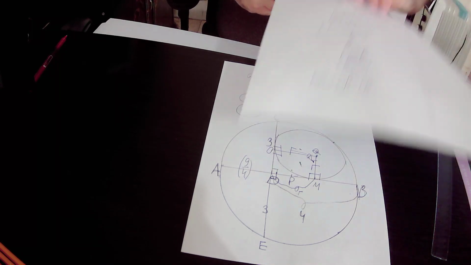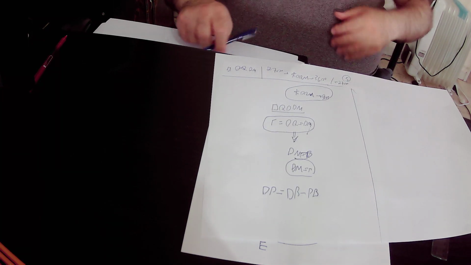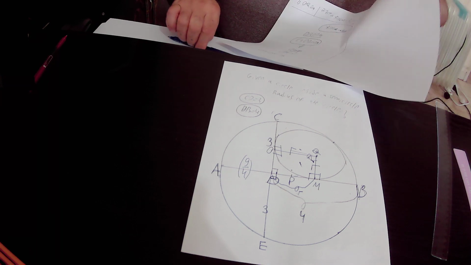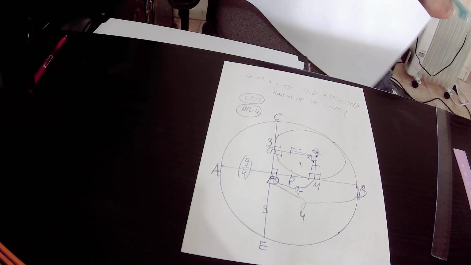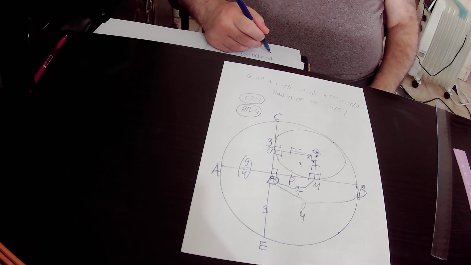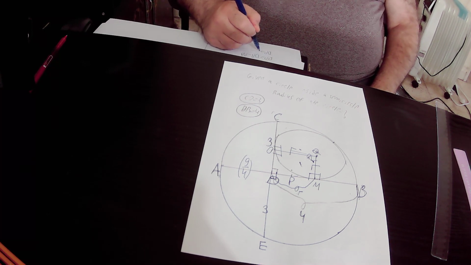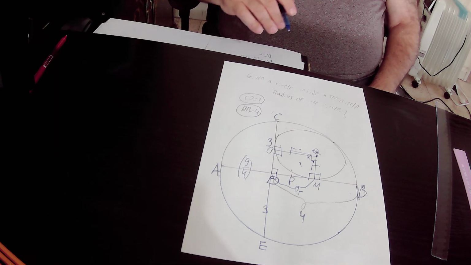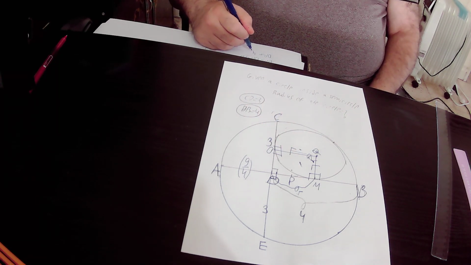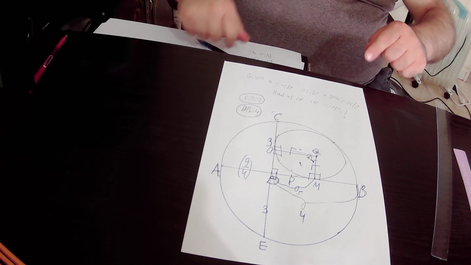Again, the length of the small line segment DP equals dB minus PB. dB equals 4 units, it is given to us in the question. Minus PB. What is PB?